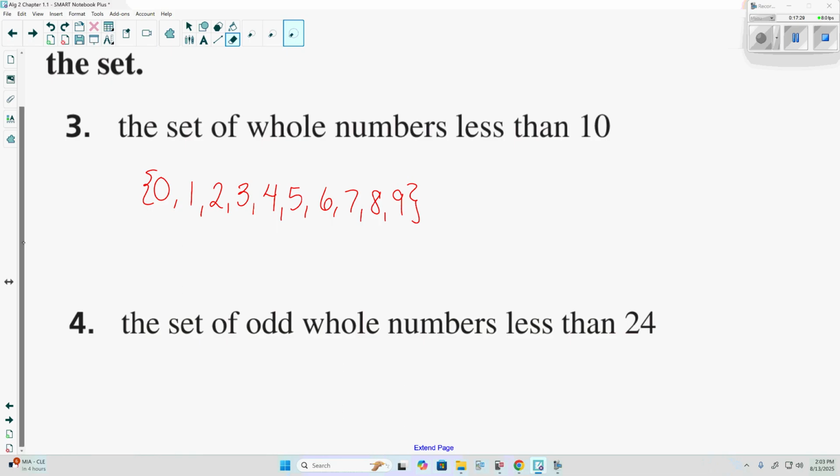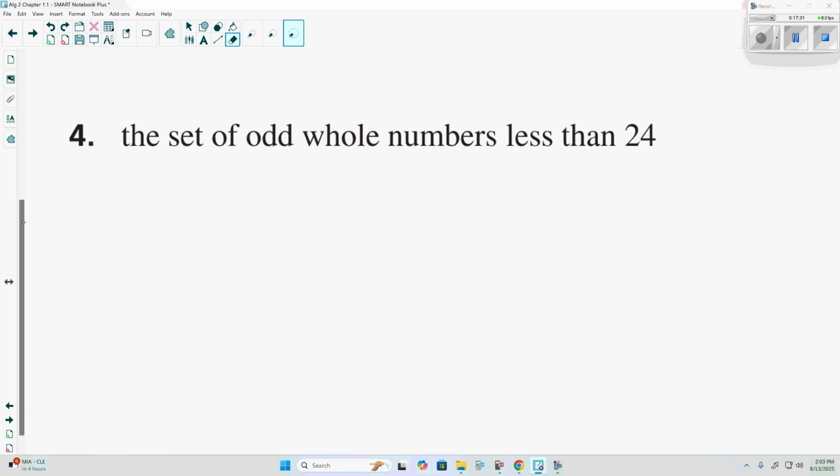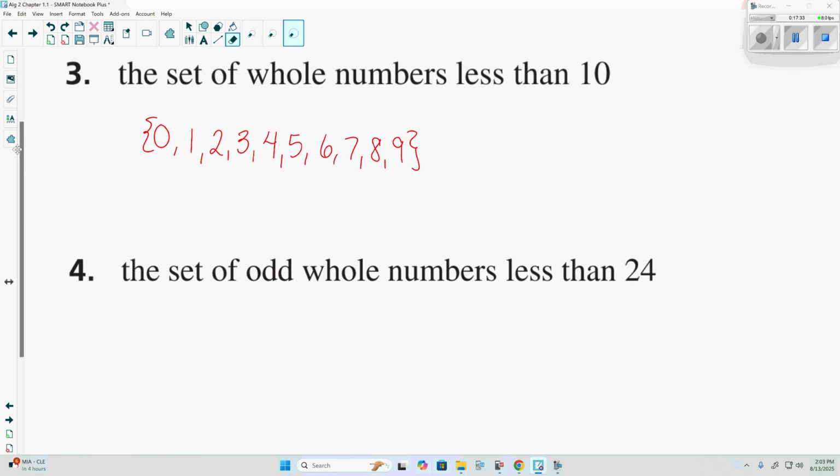How about the set of odd whole numbers less than 24? So a set of odd whole numbers, so the smallest odd whole number would be 1, then 3, 5, 7, 9, 11, 13, 15, 17, 19, 21, 23.